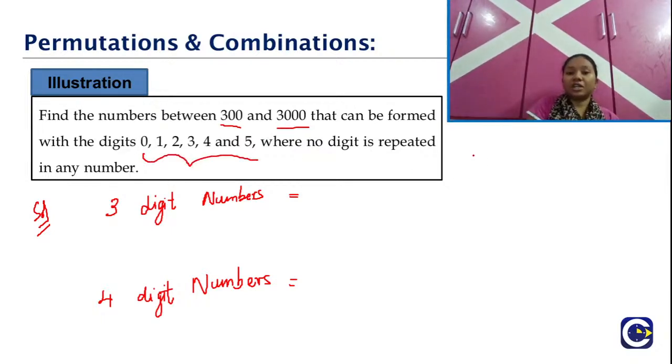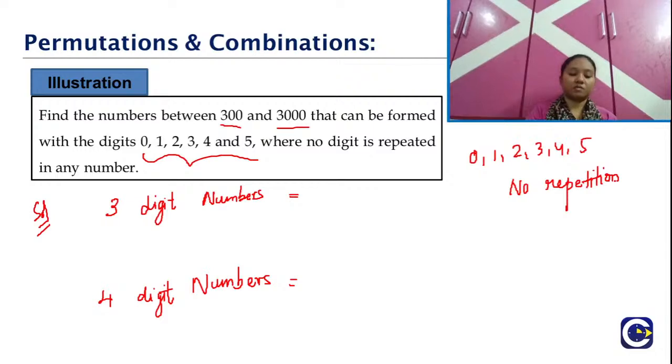The digits given here are 0, 1, 2, 3, 4 and 5, and no repetition is allowed. So these are the conditions.